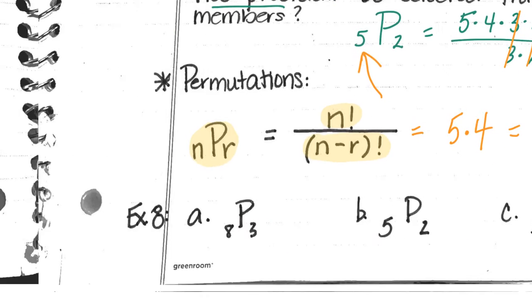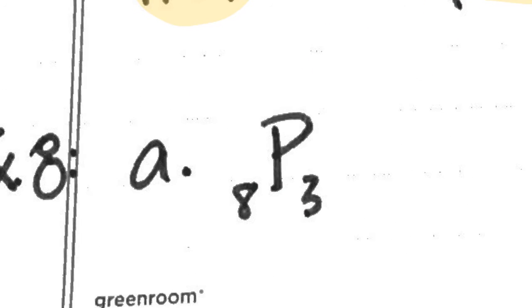All right, so here's a bunch of us to focus on. 8 permutation 3. I do ask that you try to do these by hand before you put them all in a calculator. Calculator practice is good to make sure you know how to do it, but doing them by hand is even better. So this is saying we're going to take 8 factorial 3 times, and my answer is 336.